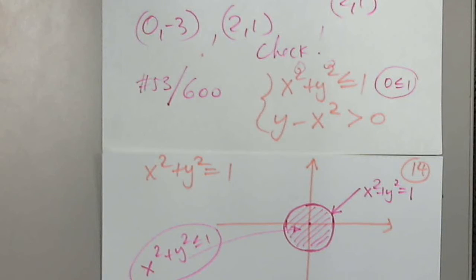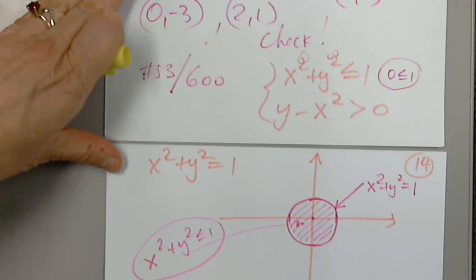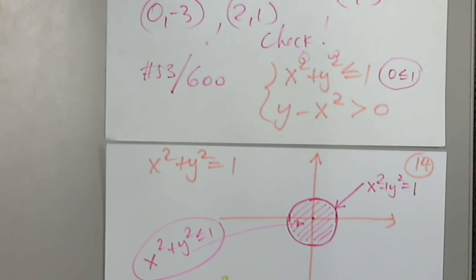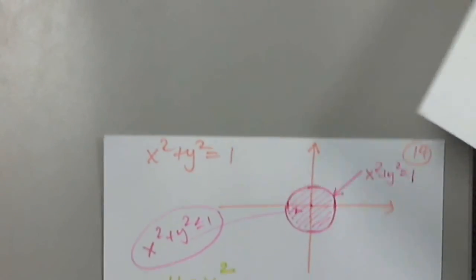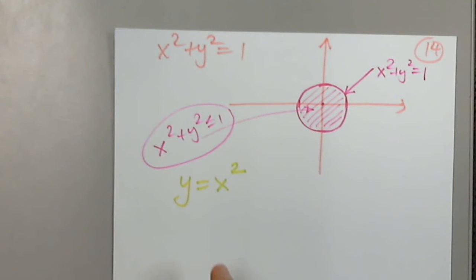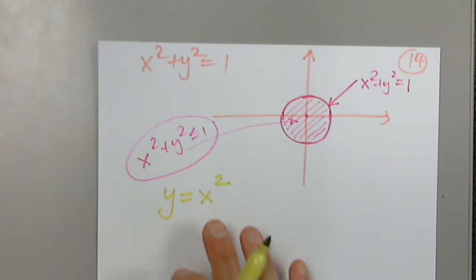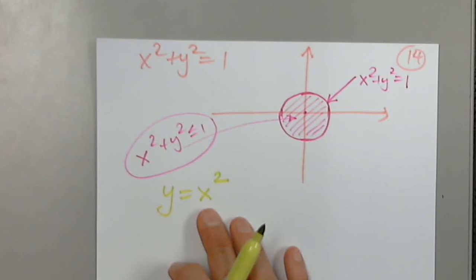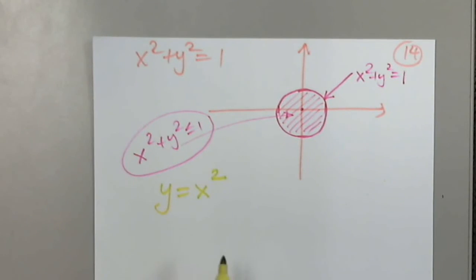Now I have to graph the other equation. I have to write it first. Y equals x squared, or y minus x squared equals 0, but that's the same thing. Okay, how do I graph this? What type of function is it? We graphed it a long time ago, many times. What is it?